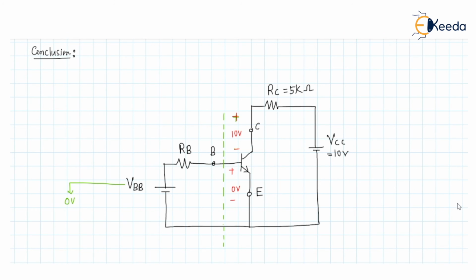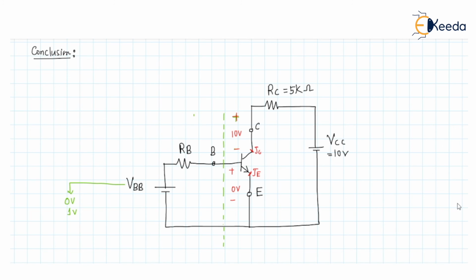That's why the JC junction, that is the collector junction, was at reverse bias, and the emitter junction here was also at reverse bias. Now we have changed the potential of VBB to 1 volt.